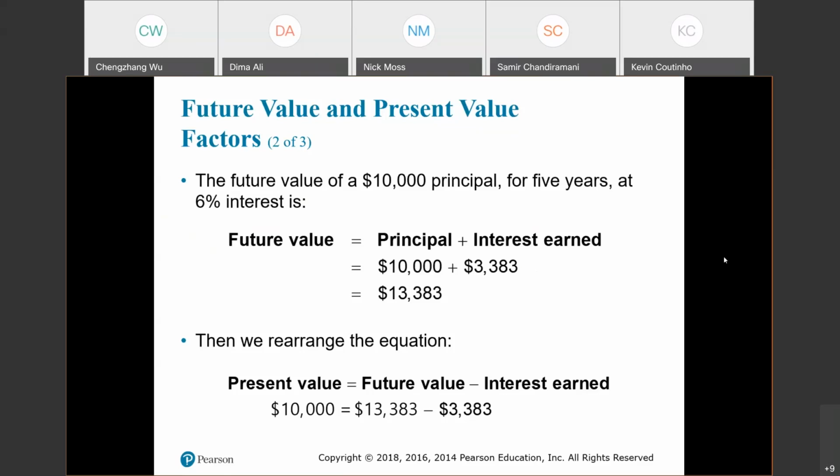The interest earned is a little bit difficult to calculate, which is 3,383. So the question is how to get to know this number, the interest earned.